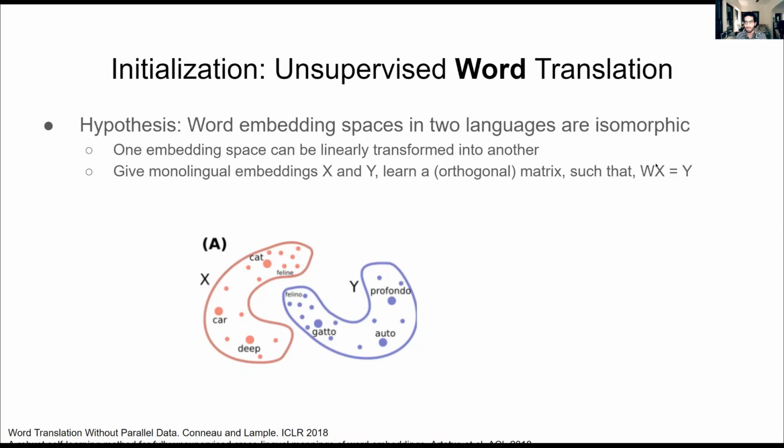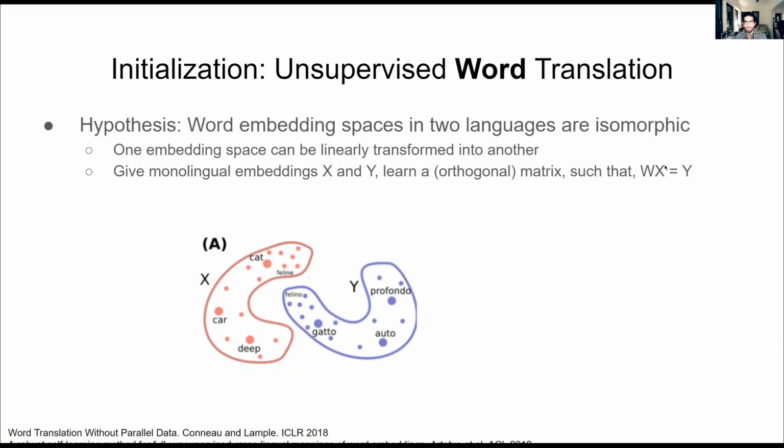So you are given an embedding X, you multiply it with a matrix W and you get Y. If you are given, say, a parallel dictionary between those words, you can easily train this model by minimizing some kind of distance between these two vectors. But this is an unsupervised setting, so you're not even given a parallel dictionary between the words of the two languages.